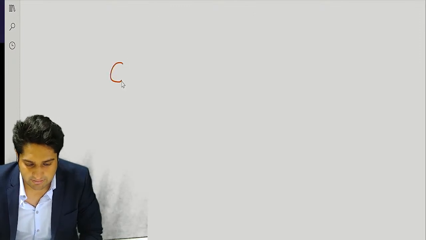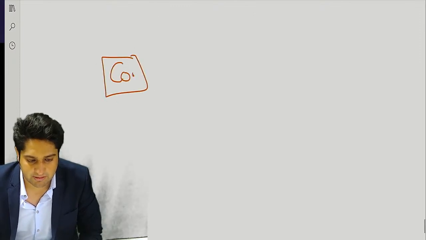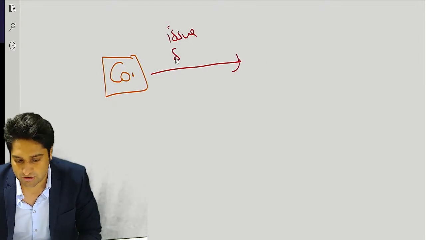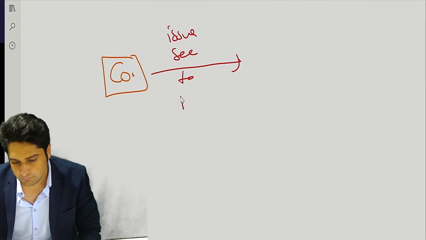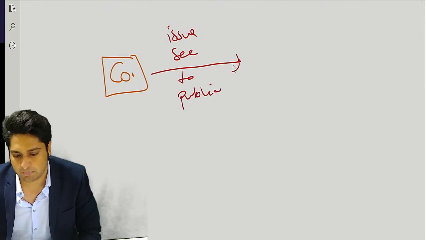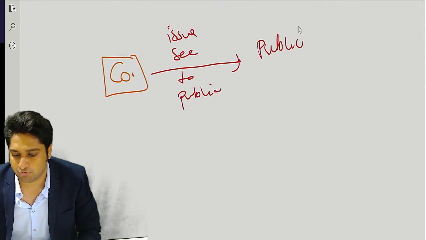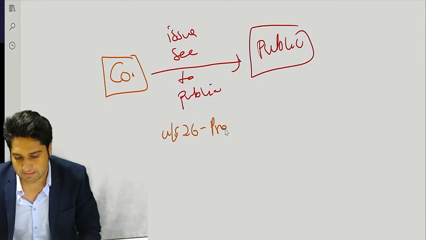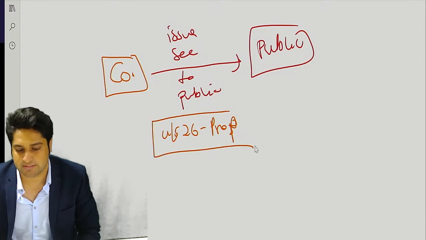Now there is a company. This company, if it wants to issue shares, issue securities to the public. Okay, to the public. Tell me one thing, do they have to follow section 26 or no? For prospectus and matters to be stated in prospectus, yes or no?